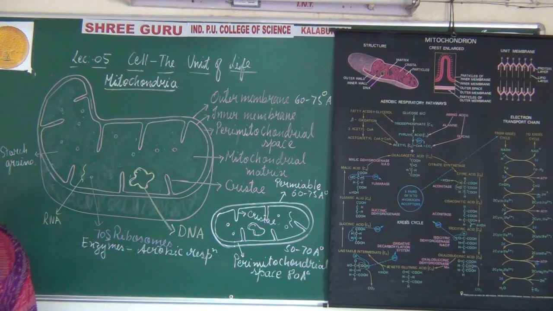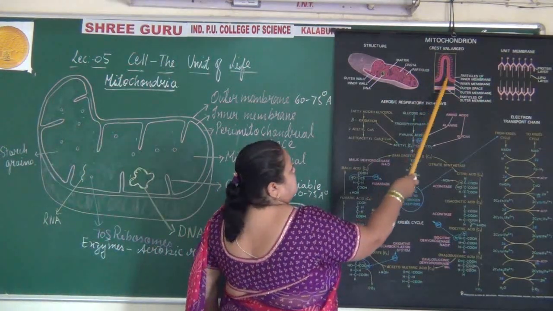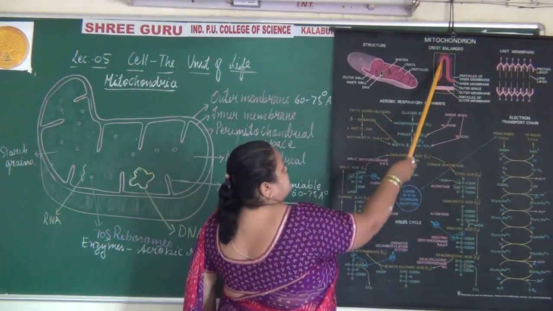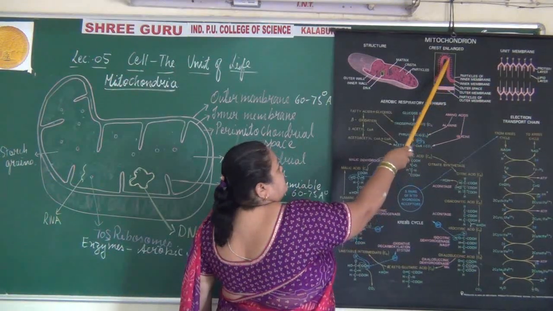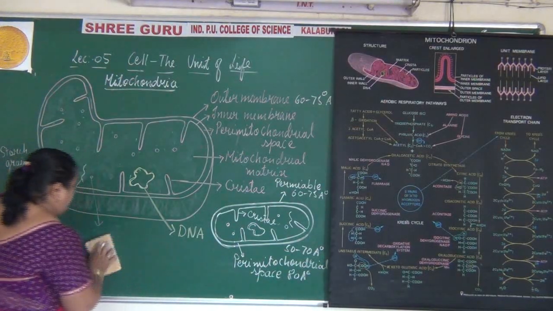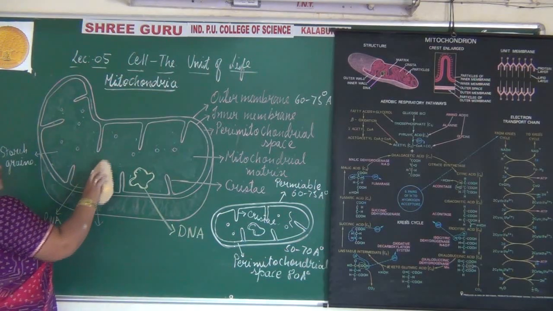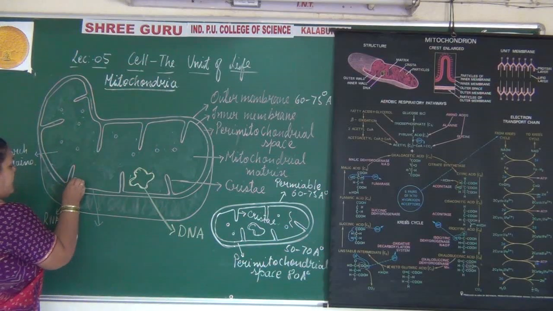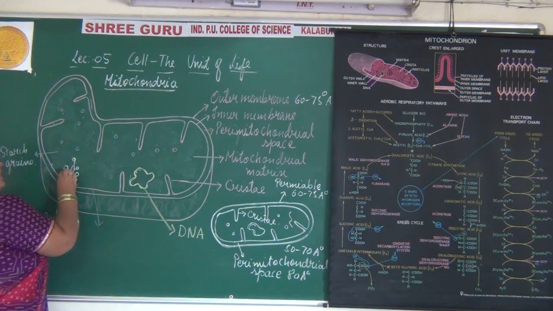This mitochondrial matrix contains double... Each crista is studded with knob-like structures.